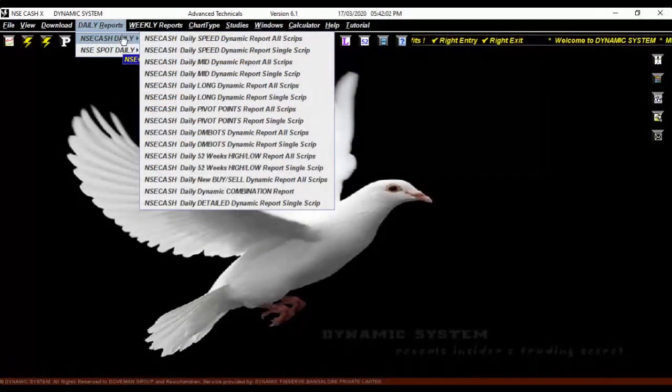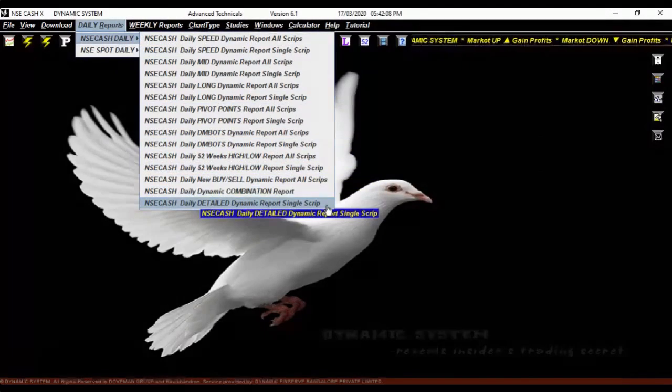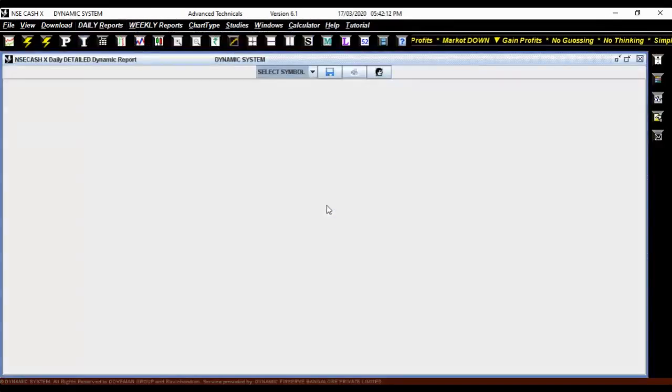Let us go to NSE cash, come to the last option, which is NSE cash daily detailed dynamic report single script. Let me click on that. Now in this select symbol, you have to select your favorite stock, any of your favorite stock. So we were talking about Reliance. Let us check Reliance.